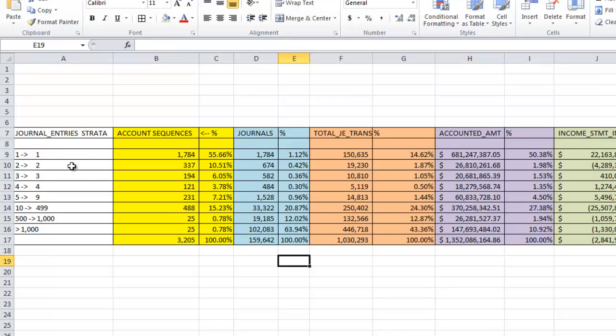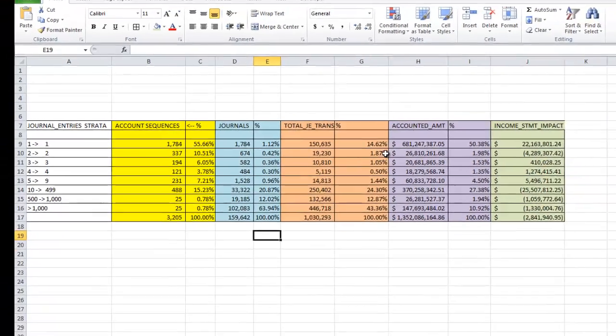impact. But if you did that and you stratified sampled across the 1, the 2 through 9, the 10 to 500, the 500 and up, you're only going to be selecting about 100 journal entries, but you're going to get coverage of your total journal entry transactions, the amounts, the journals.